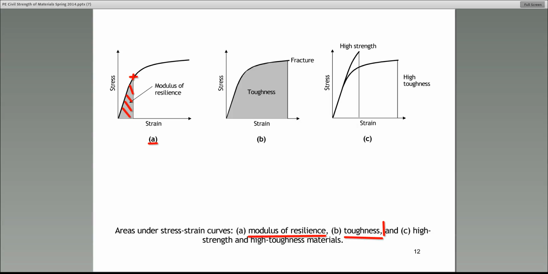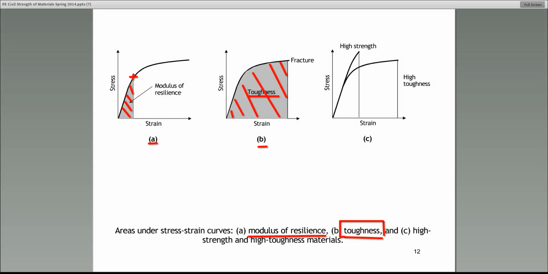Now the next definition I want you to pay attention to is, here it says toughness, but please do me a favor. This is curve B. Add the word modulus of to it. So it should say modulus of toughness. And modulus of toughness simply is the area under the stress strain curve all the way to the point of fracture.